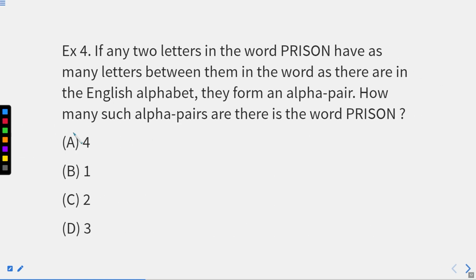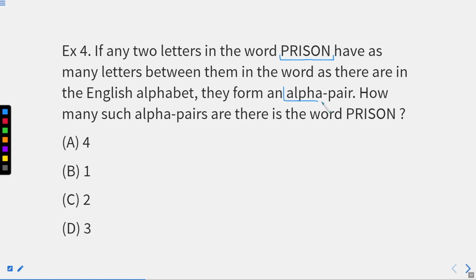So here is the new question. In this question, if any 2 letters in the word, which is prison, mark it well, the word is prison, have as many letters between them in the word as they have in the English alphabet, they'll form an alpha pair.